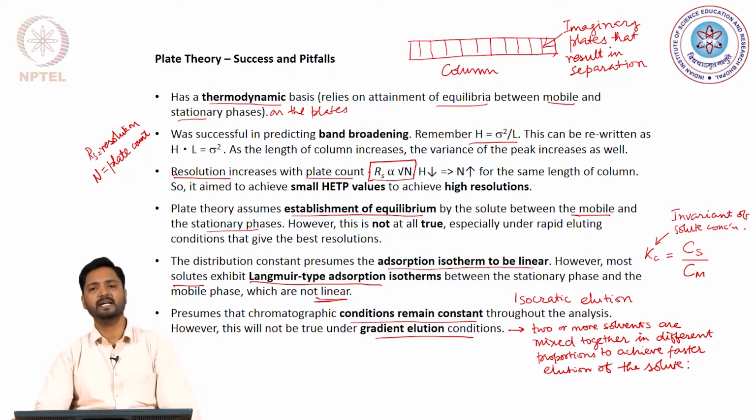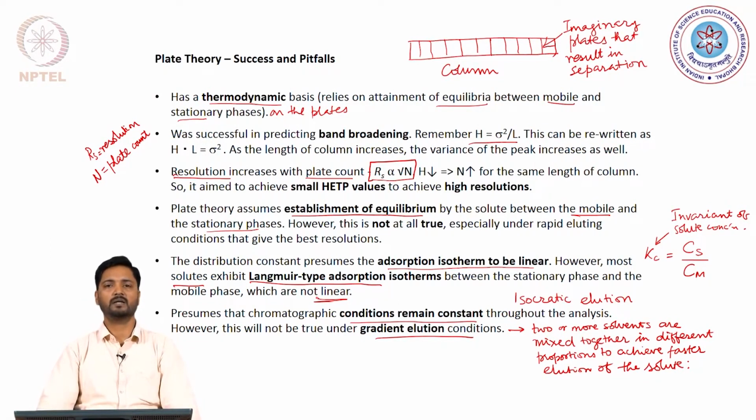And indeed, gradient elutions are very commonly employed in chromatographic separations, and of course are a much more dominant way of achieving elutions than the isocratic elution, where only one solvent is passed over the entire course of the chromatographic separation.